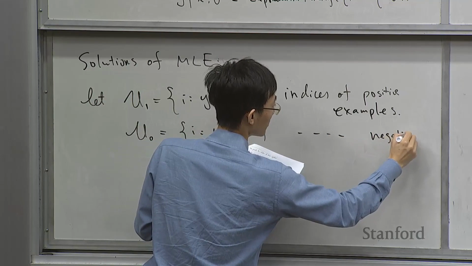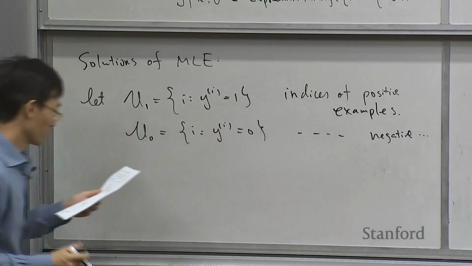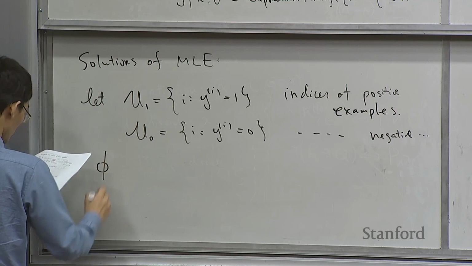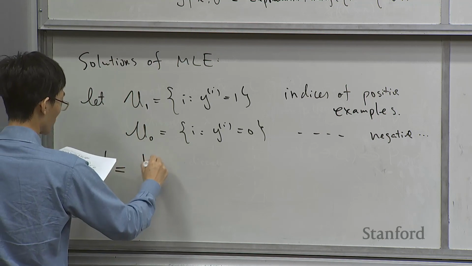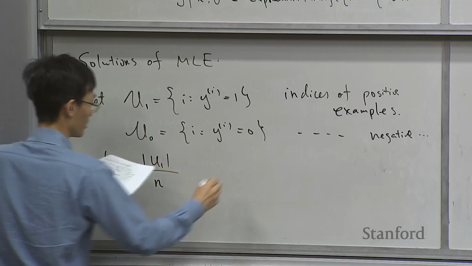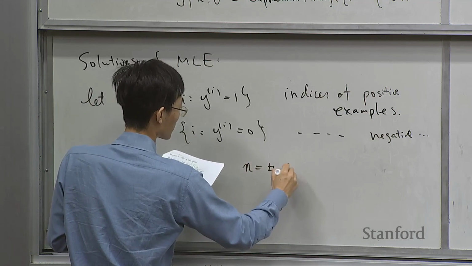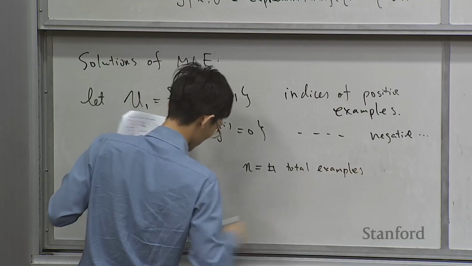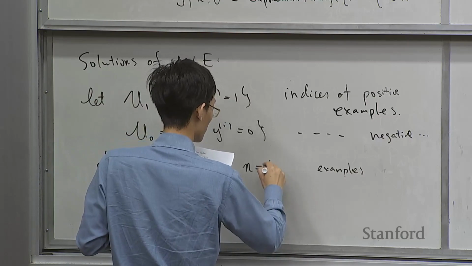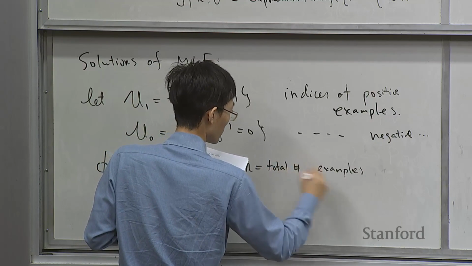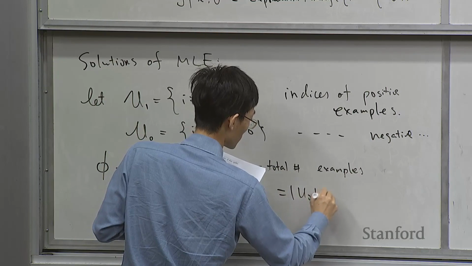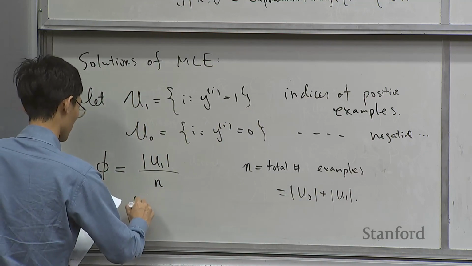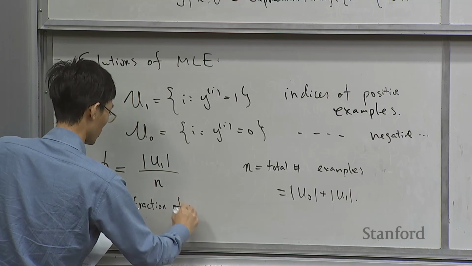Under the MLE solution, the solution will be the following. phi equals U1 over N, where N is the total number of examples, which equals U0 plus U1. What is this? This is really just the fraction of positive examples.